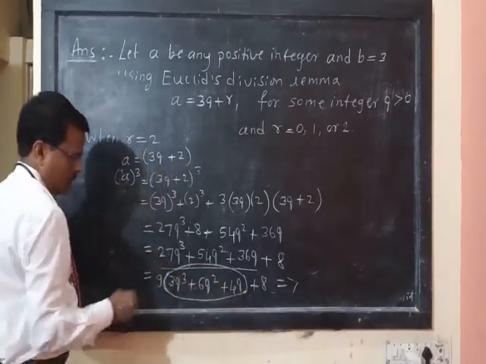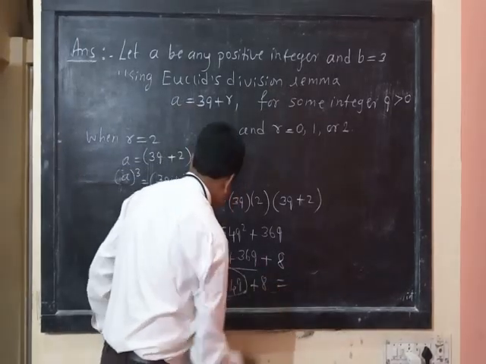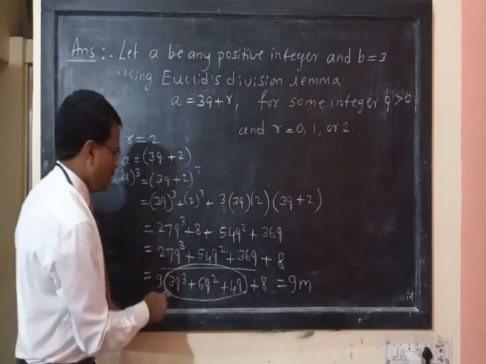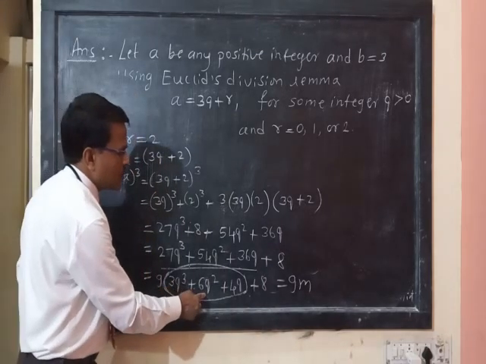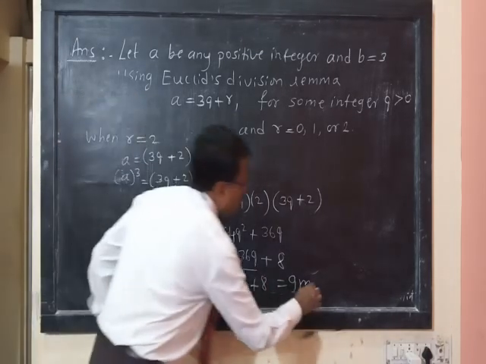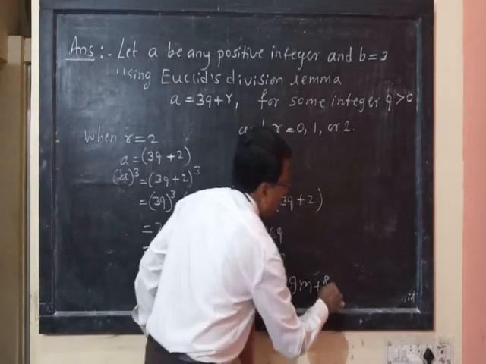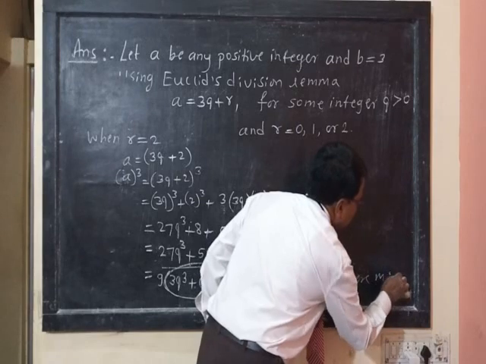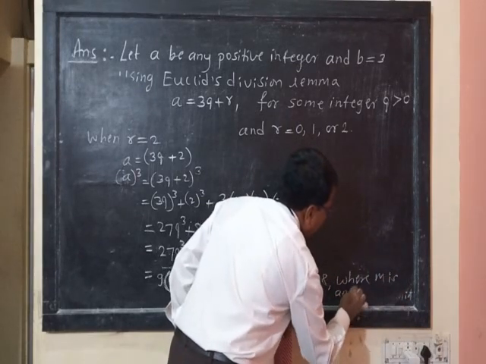Okay, so I'll write 9m, where m is 3 cube plus 6q square plus 4 cube plus 8, where m is an integer.